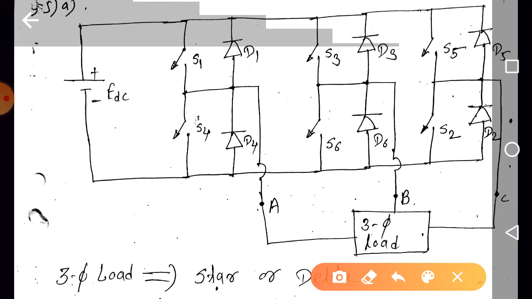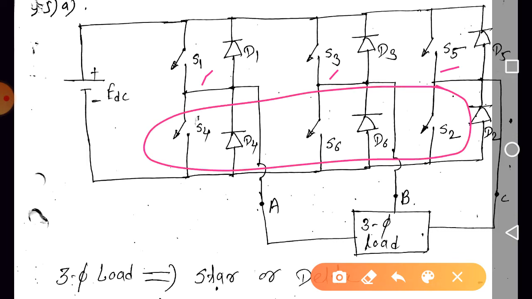The upper group consists of odd numbered switches, that is S1, S3, S5, and the lower group, this group, consists of the even numbered switches S4, S6 and S2. We need to number the switches like this only, then and only then the operation table which we are going to discuss will be valid.